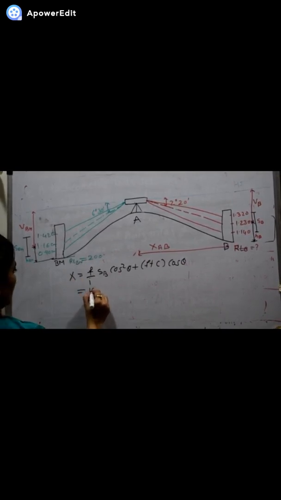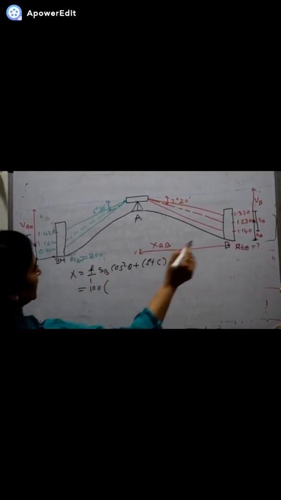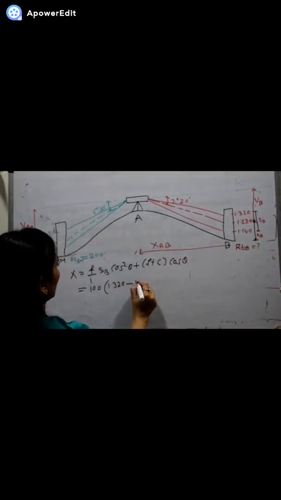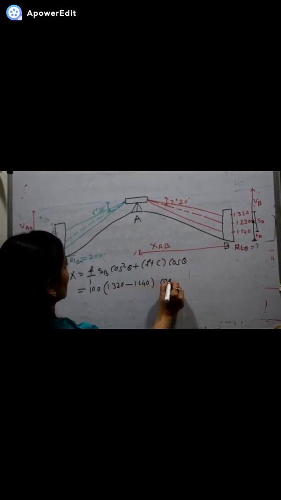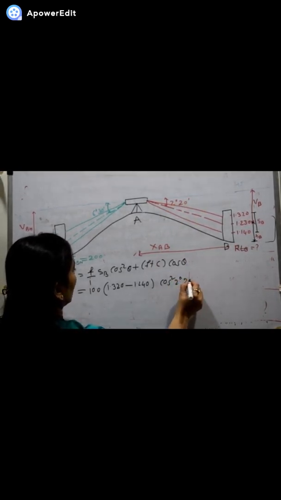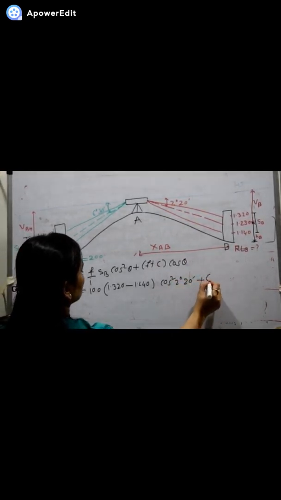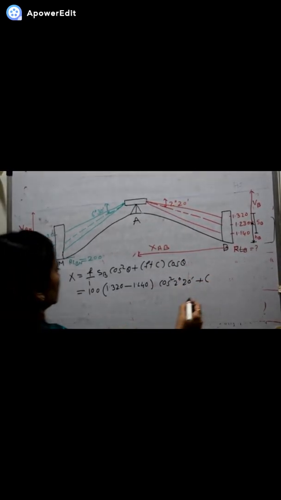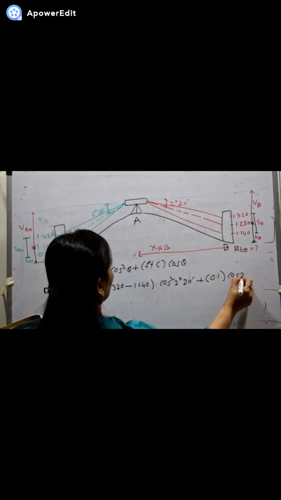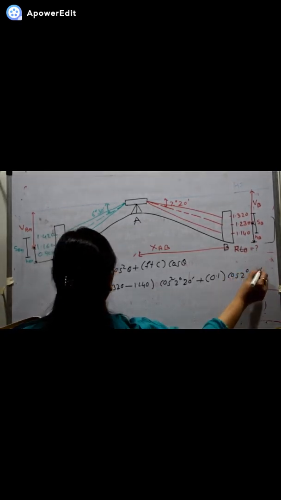Now in this case, the value of F by I is 100, S is 1.320 minus 1.140, cos square theta is 2 degree 20 minutes, plus the value of F plus C they have given 0.1, and cos is again 2 degree 20 minutes.